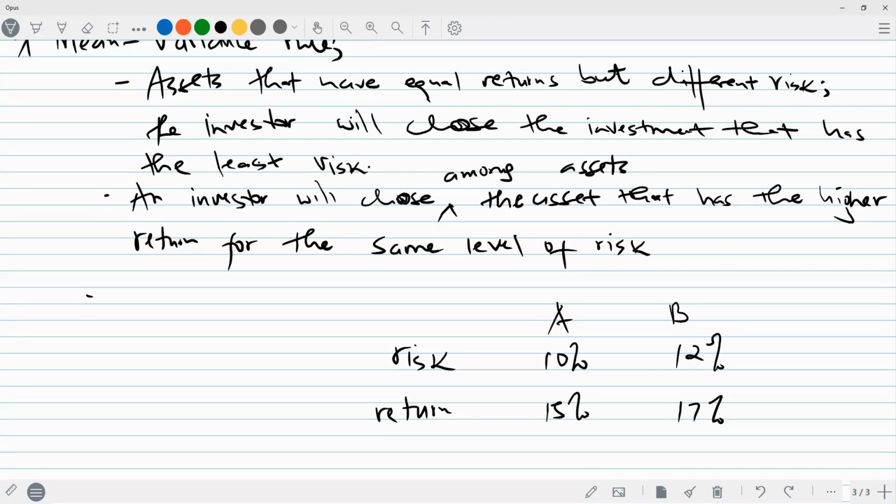A. Why A? Because the proportion of risk to return is more viable than B, where the proportion of risk to return is less. How do you get that proportion? Actually, I'm just comparing the numbers. Just comparing the numbers, calculations.